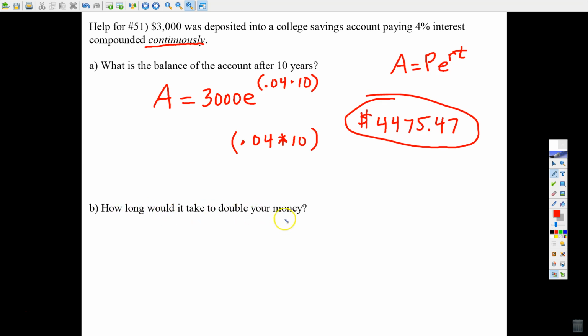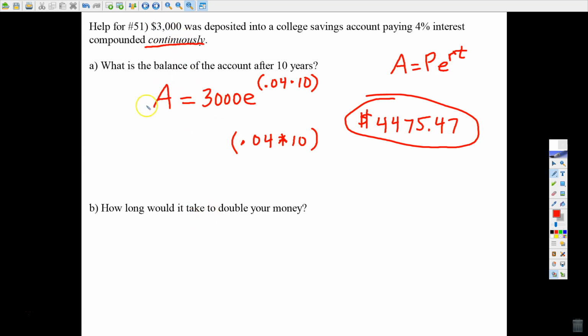Okay, now let's take a look at letter B. How long would it take to double your money? So as we walk through each of these four parts, it's like we're going to be solving for a different one of these variables or letters in our formula. Okay, well if we invested 3,000, doubling that would be 6,000.